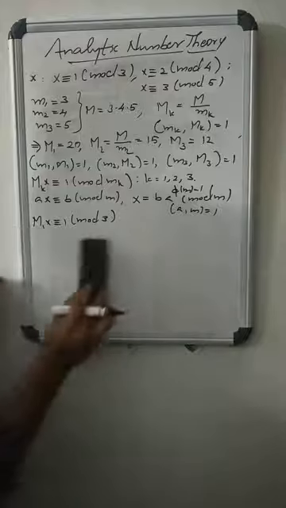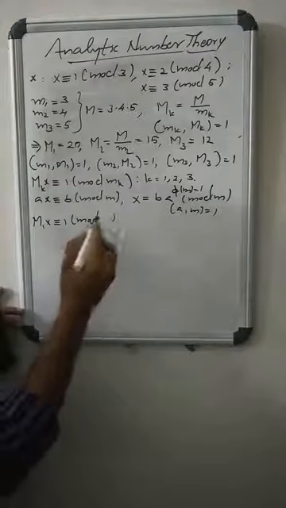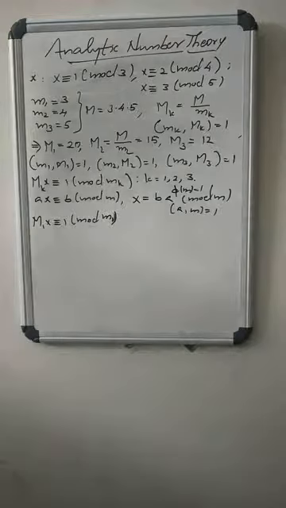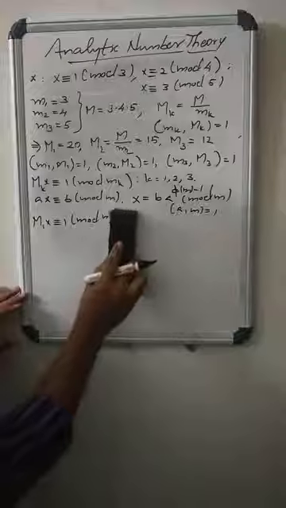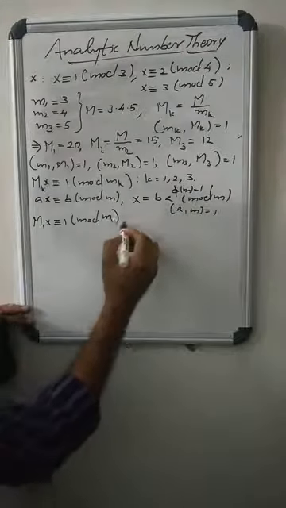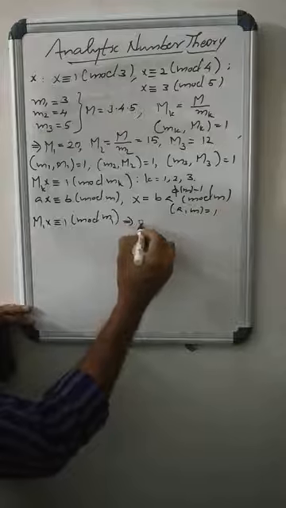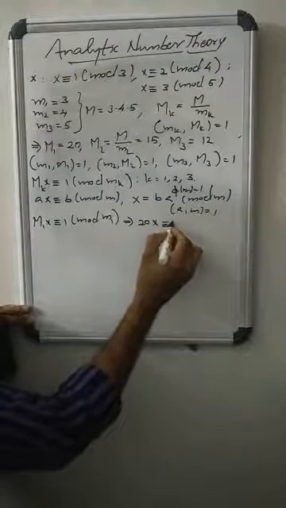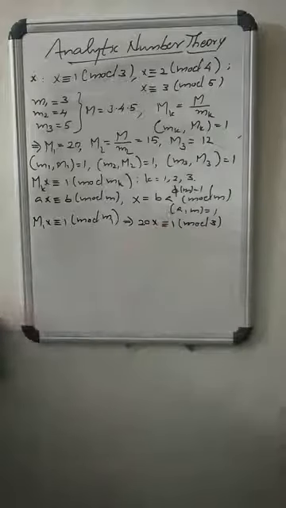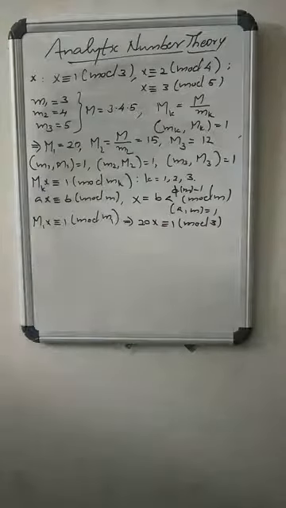So the first congruence relation is M_1 x ≡ 1 mod m_1, which means 20x ≡ 1 mod 3.